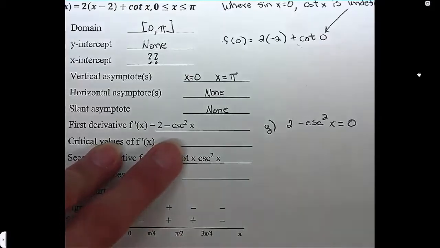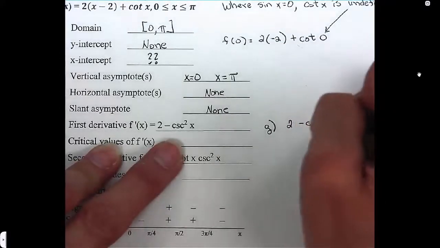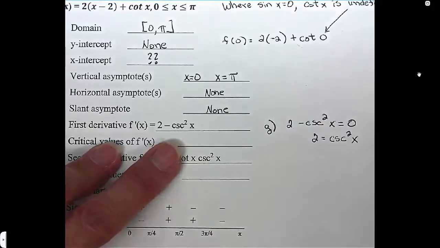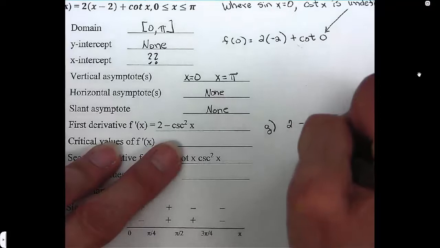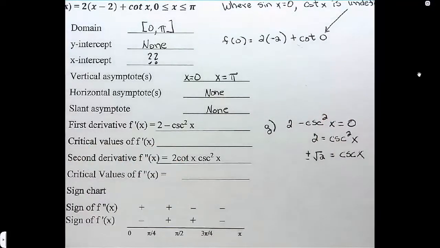All right, we had to think about it though. So I'm going to add cosecant squared to both sides and take the square root of both sides. And when I took the square root of both sides, I got my plus or minus.